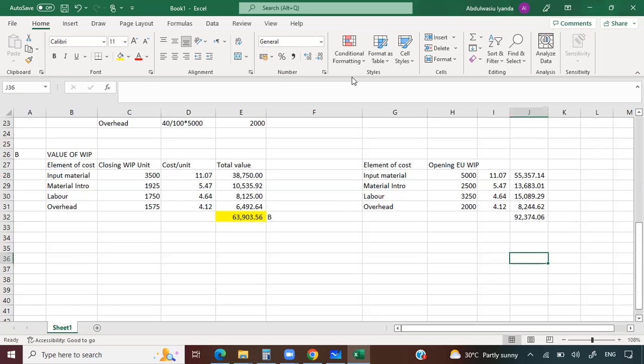Any other question, please? Yes, sir, please. I think we are asked to find the value of the opening work in progress, so this is the calculation for it.